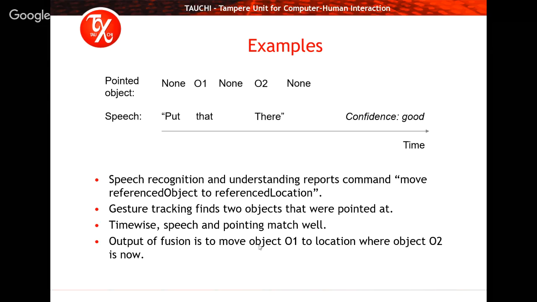So in this case, first the user is not pointing at any object, then the user is pointing at one object, then not pointing at any object, then pointing at a second object, and then again not pointing at anything. So if you think of that, there are 2 objects on screen. The user has first pointed at one, then the second one, and then taken their hand down. And from the speech, we can put that there, and the confidence for the speech is good. The user most likely said that. So this is very simple.